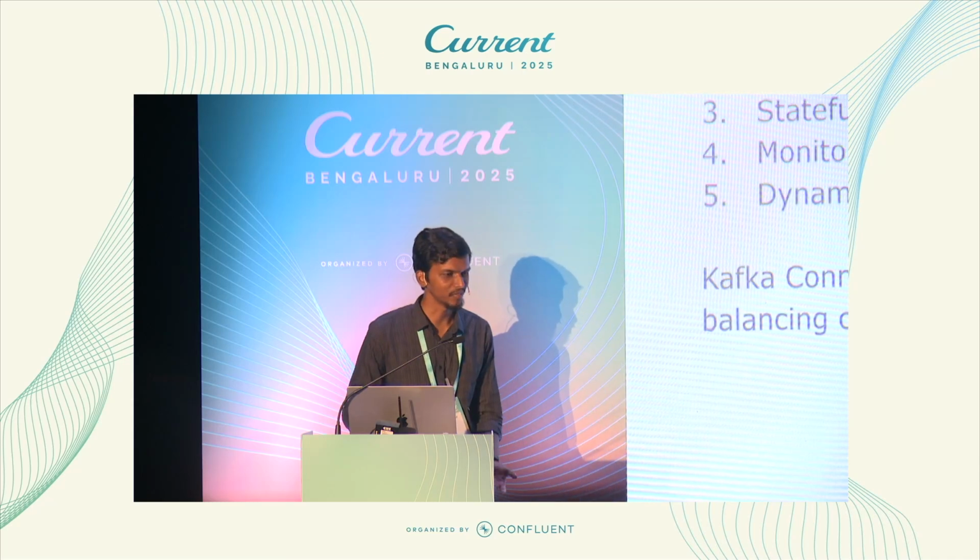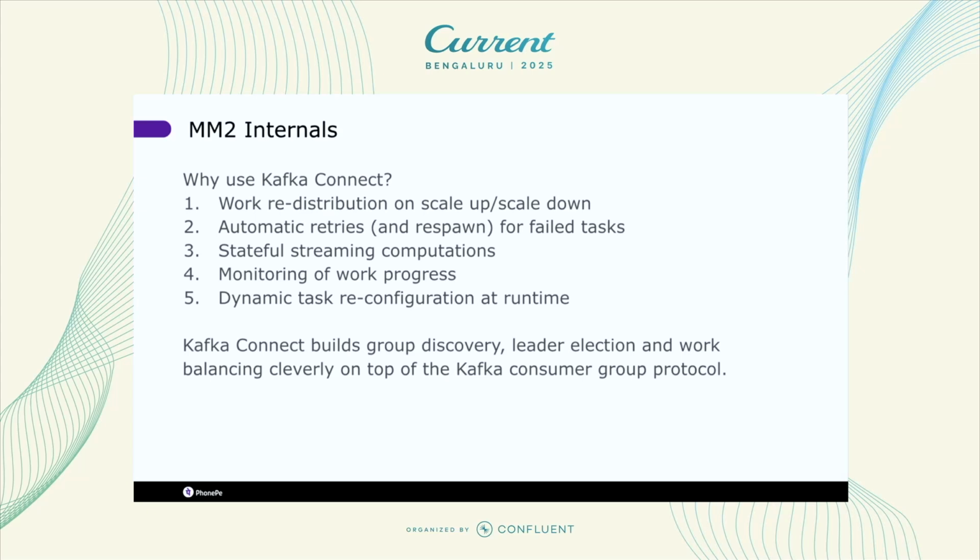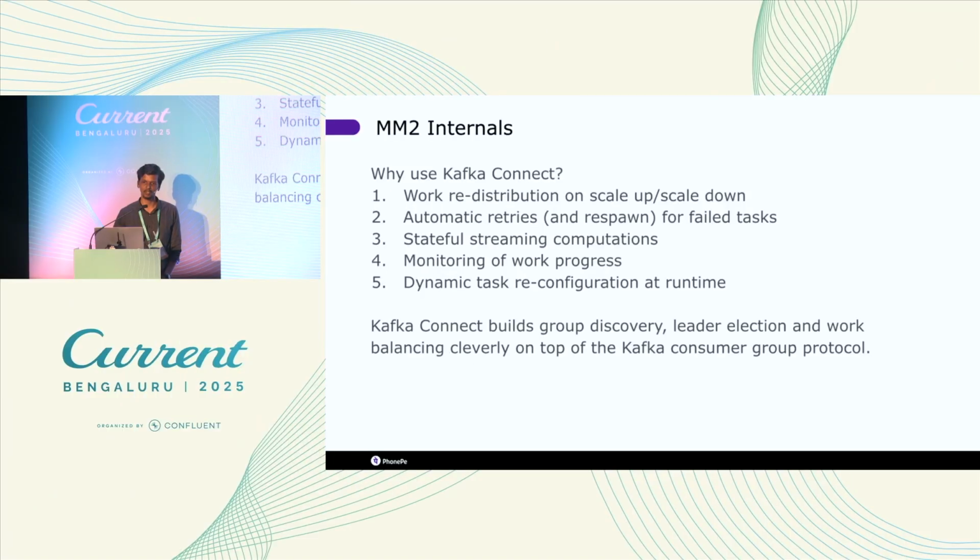So we'll dive deep into the internals. Why is Kafka Connect used? It's because Kafka Connect is a framework. You can think of it as a stateful stream processing framework, which provides the following functionalities. It has good work distribution properties.